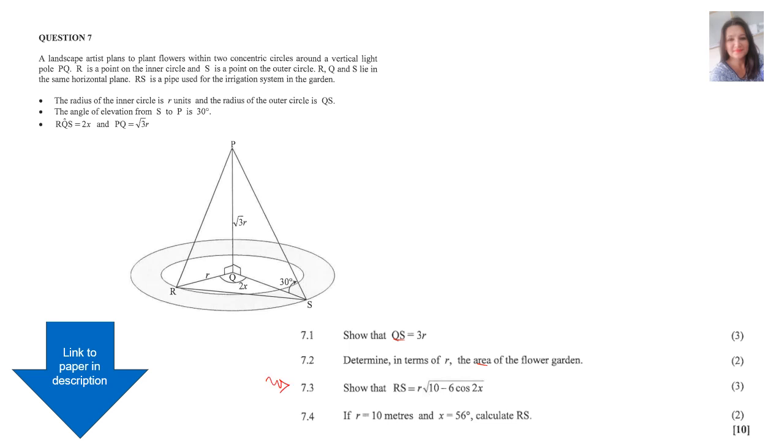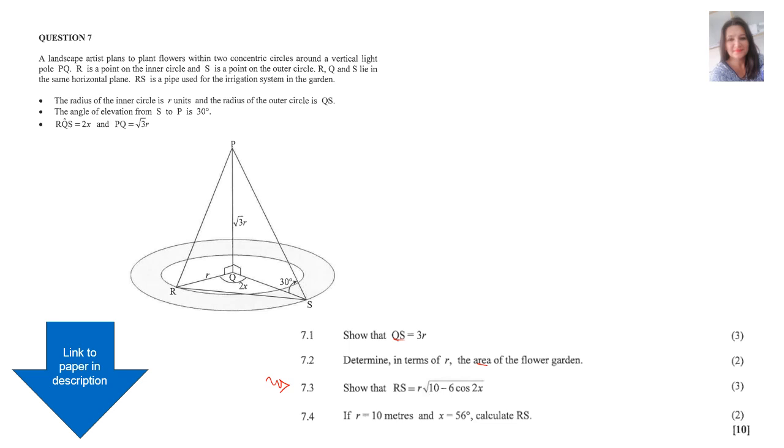Don't worry if you found the previous questions challenging. You are definitely not alone. However, it is crucial that you move forward and attempt the next two questions, number 7.3 and 7.4. Because not only will this help you get back on track, but you'll also have the opportunity to earn some easy marks and build your confidence up again.